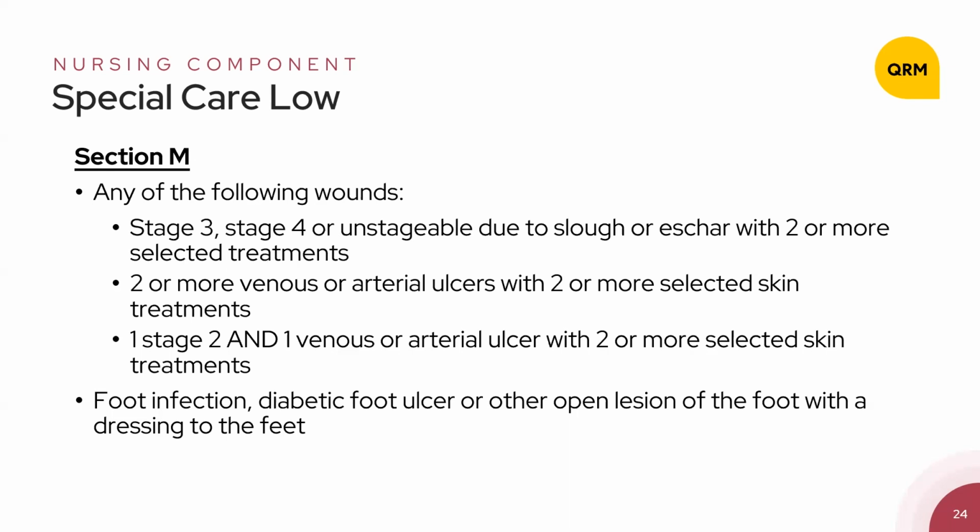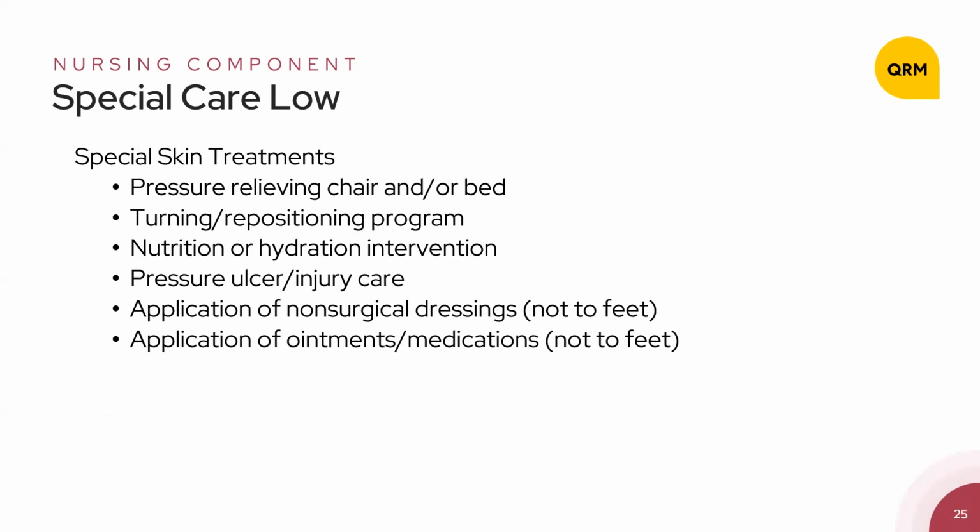They can also get here by having a foot infection, a diabetic foot ulcer, or other open lesion on the foot with a dressing to the feet. Okay, so you'll notice that last bullet doesn't require our special skin treatments. Those just require a dressing to the feet. Now, what are those special skin treatments?